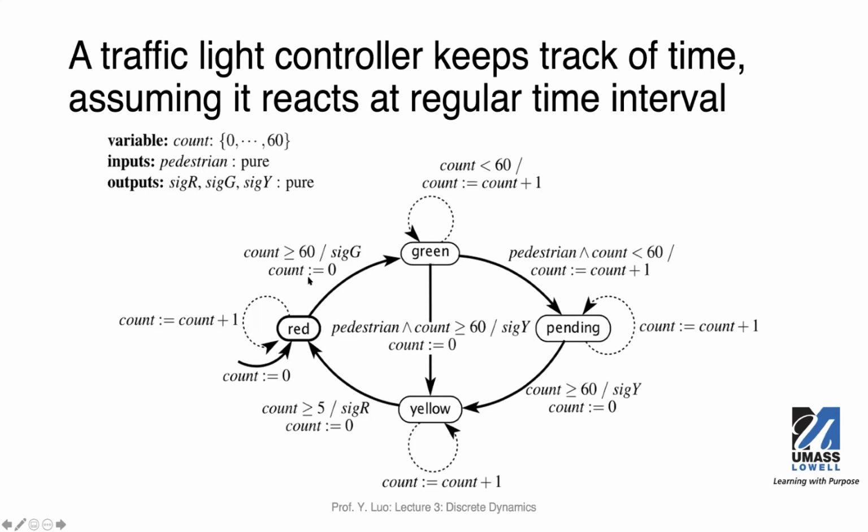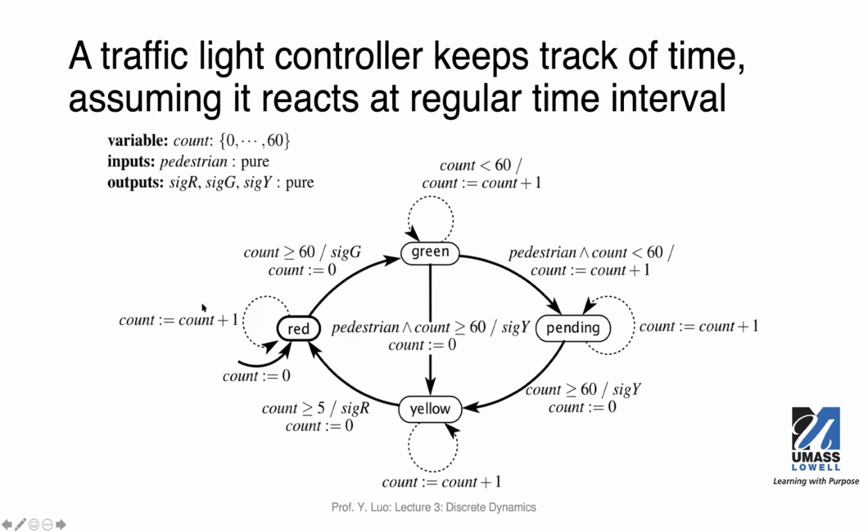As you can see, this state machine has 4 states, and the initial state is red, and we have transitions. This is the guard, and we have the output action and set action when we go from red to green, and a default transition, where we stay here counting up.